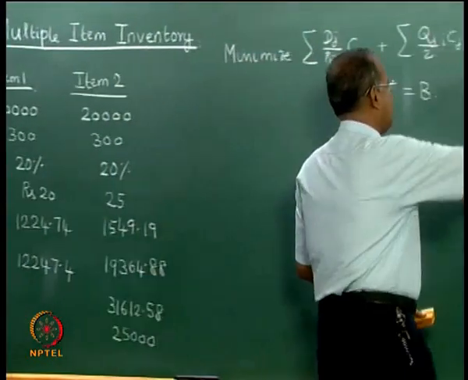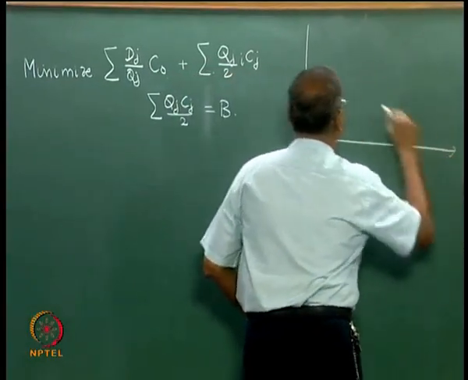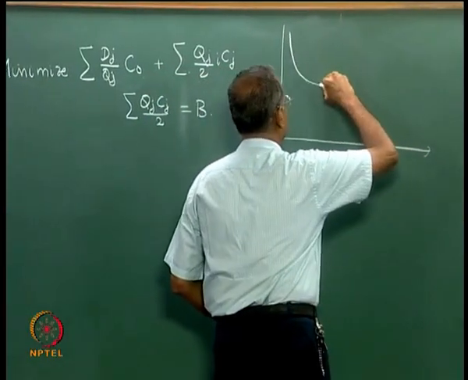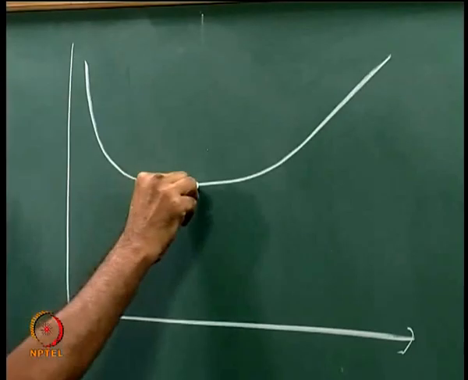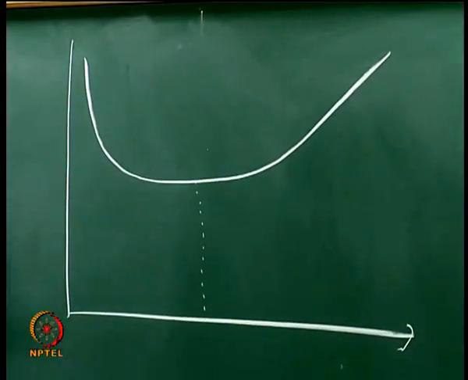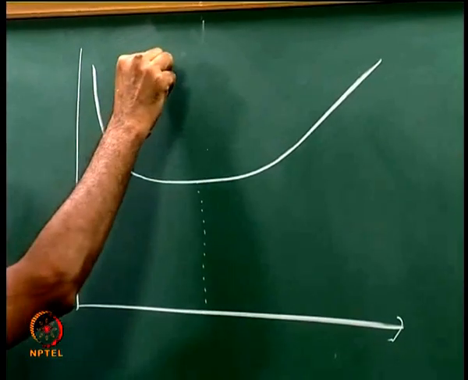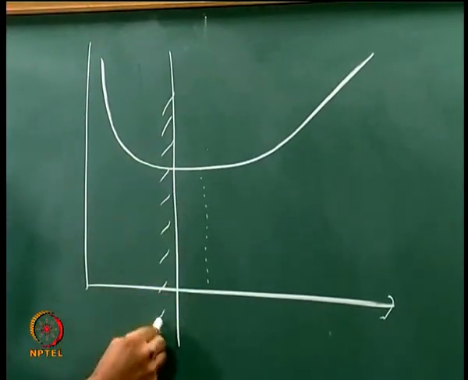We have already seen that the total cost curve is like this, the optimum is somewhere here, and a limit on the money value of the average inventory is like adding a constraint which is like this.